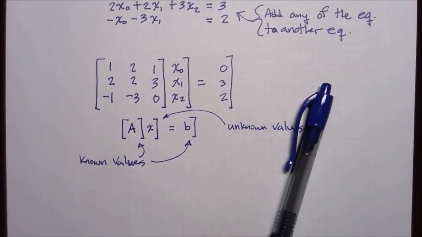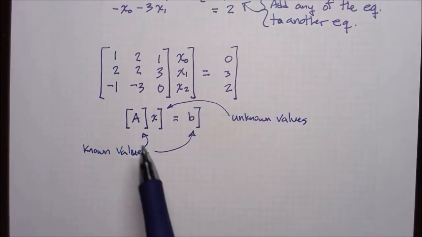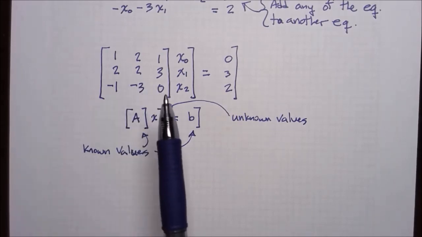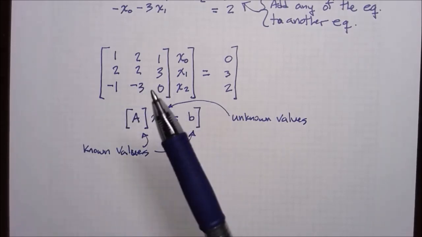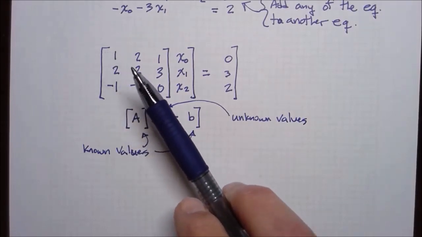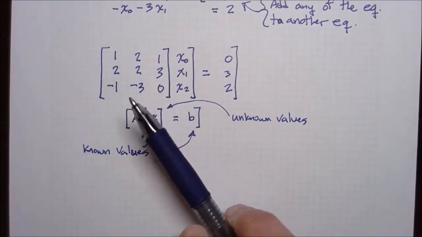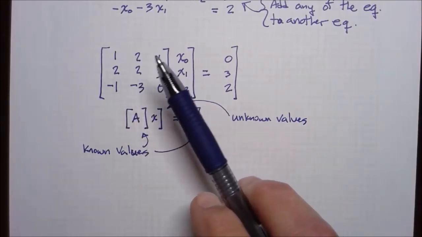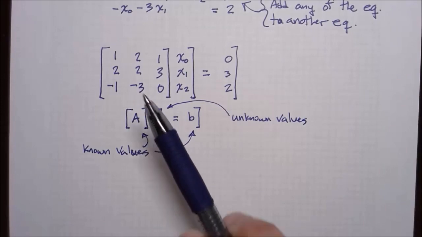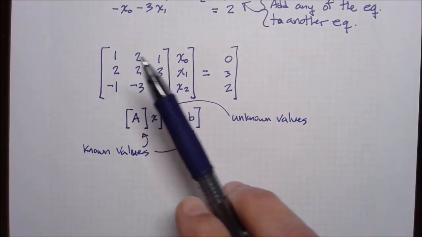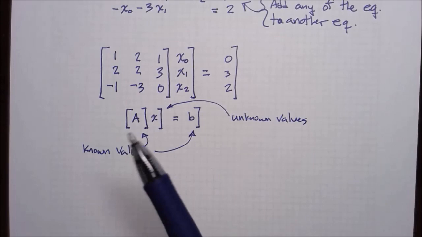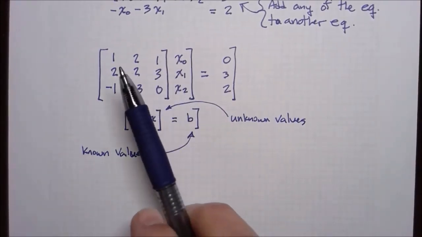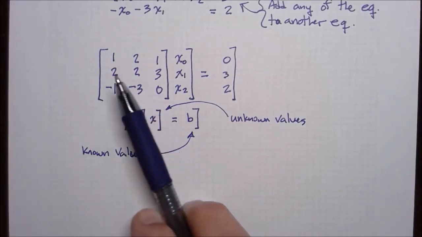What we want to do in solving this set of equations is to manipulate this square matrix into what is called the upper triangular form. In this form, all of the elements below and to the left of the main diagonal will be 0, and we'll have values in the upper triangle, above the diagonal. Now, to accomplish this, we need to change the values below the main diagonal to 0.